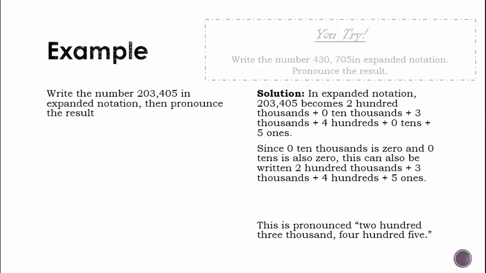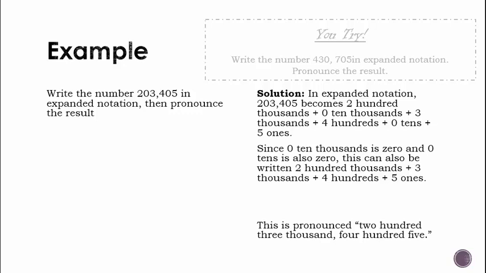But now, I want you to try though. Write the number 430,705 in expanded notation, and then I want you to pronounce the result. What you should have got was 400 thousands, 30 thousands, or 3 10 thousands, my bad, and then 0 thousands, 7 hundreds, 0 tens, 5 ones.